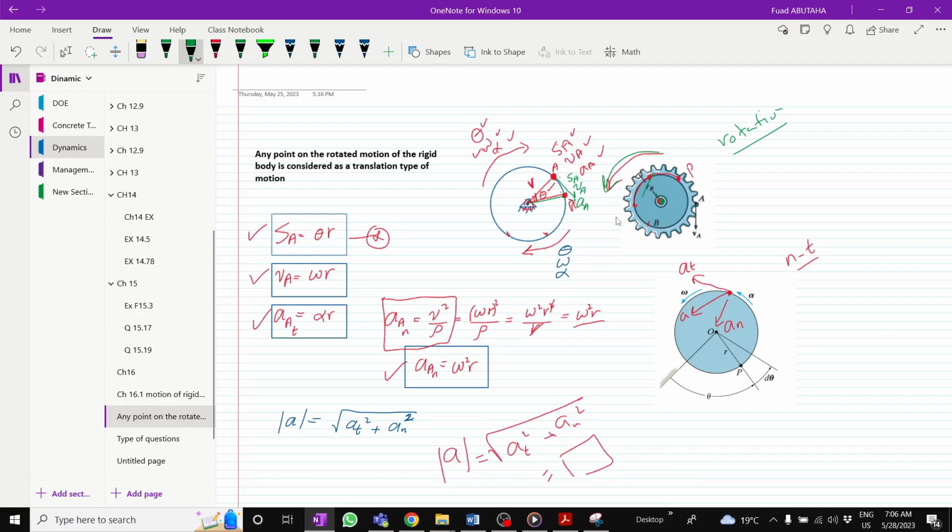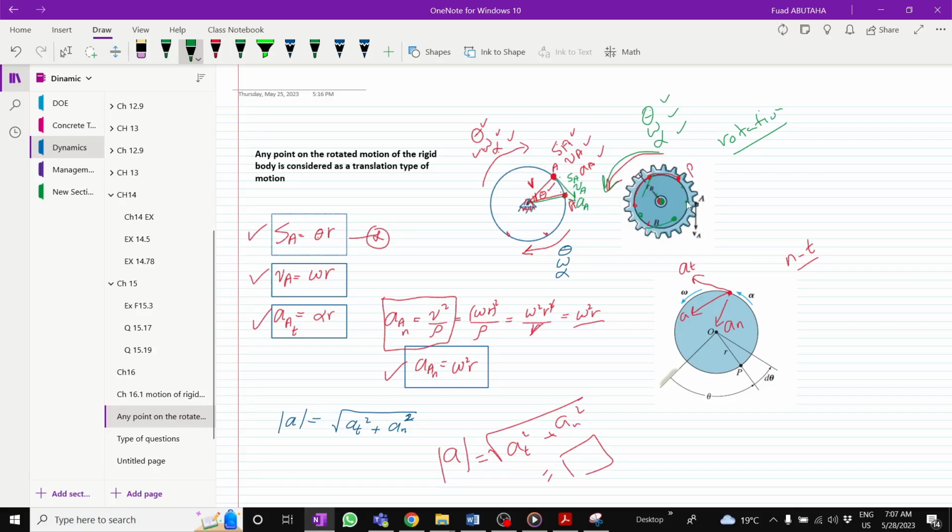This type of motion for this disk must have theta information, omega information and alpha information: theta, angular velocity and angular acceleration. So you should have these three pieces of information. Another thing I want to mention is that any point located on the disc or on the gearbox or on the wheel is moving from here to here.